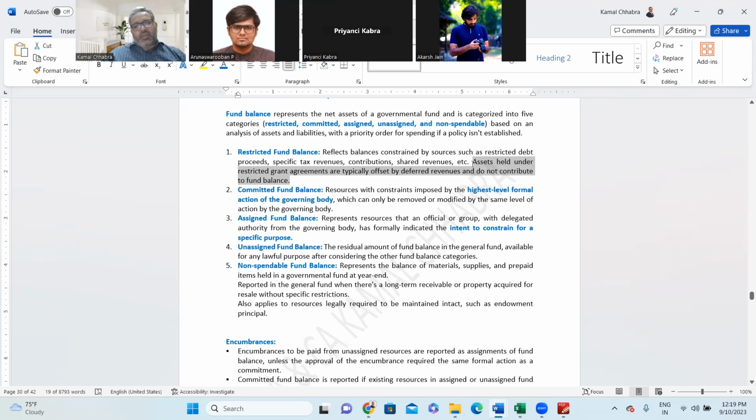And slowly and gradually you start utilizing that and start recognizing the revenue. So what it says, one side is the asset, on the other side is your deferred revenue, which you can net off and do not contribute to the fund balance.